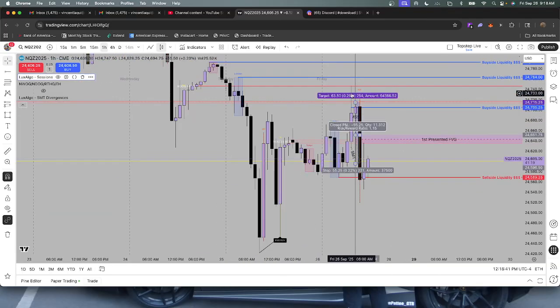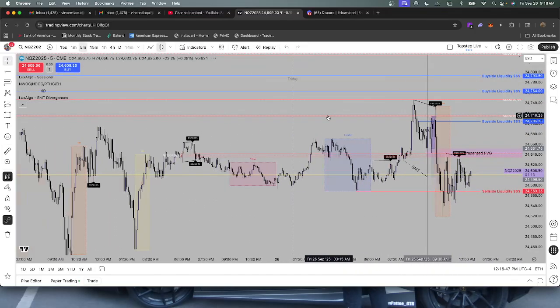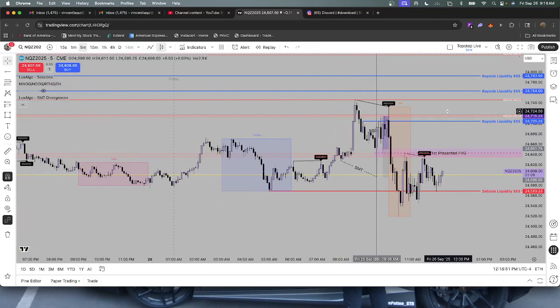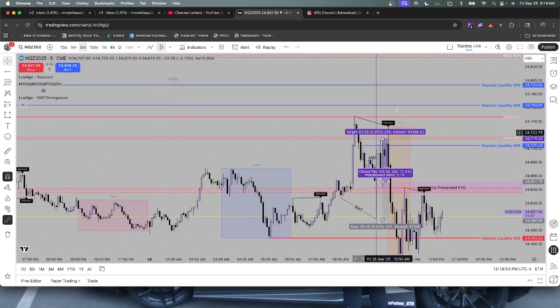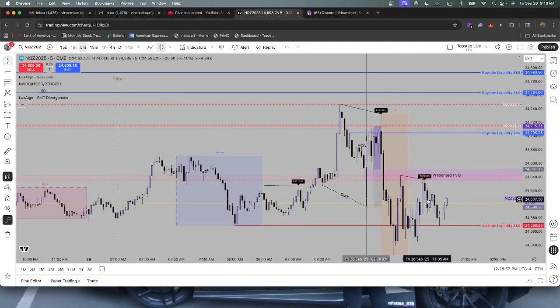But I wanted a liquidity sweep before coming there because we were already going up and we already took out all this previous day stuff. I'm like, oh, we could just push up.